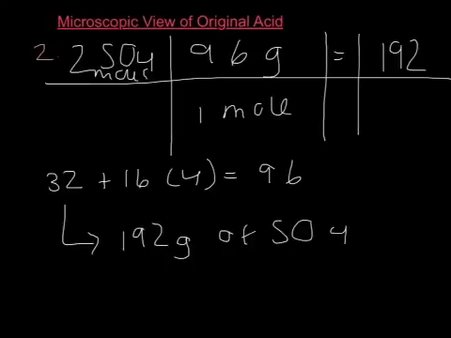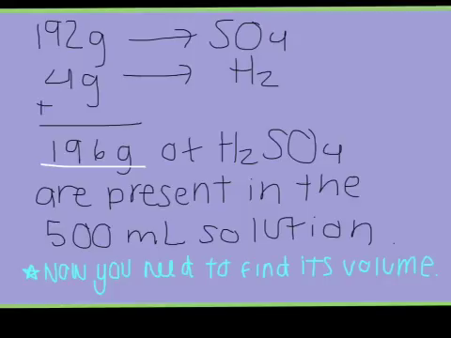Then you do the same with SO4. Since there are 2 SO4 molecules and each SO4 molecule has 96 grams, you have 192 grams. And after you add the other 4 grams, you will in total have 196 grams of H2SO4 present in the 500 milliliter solution.